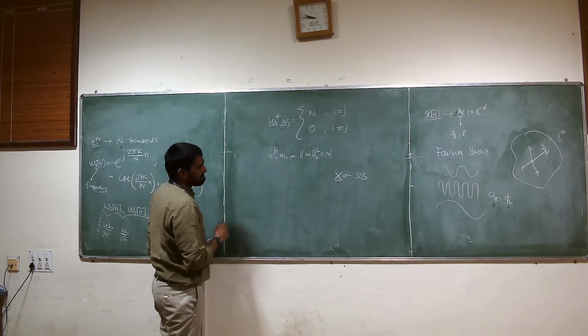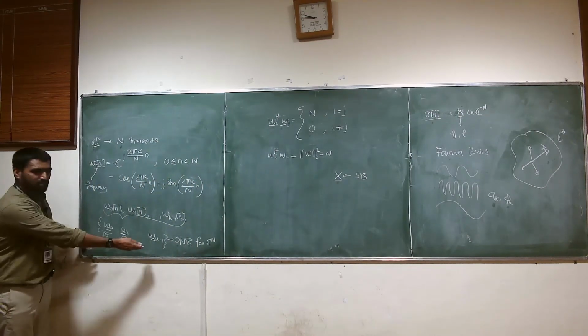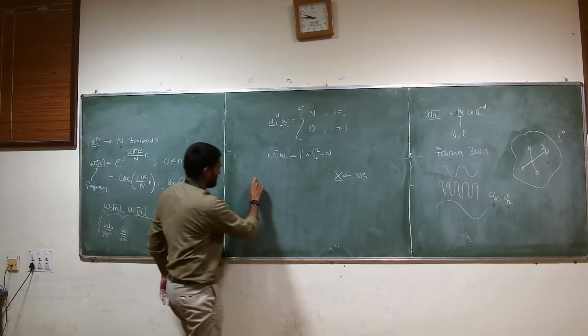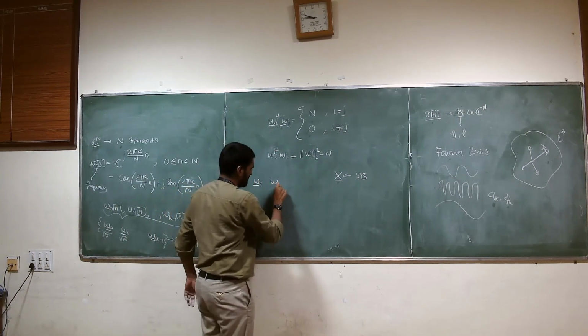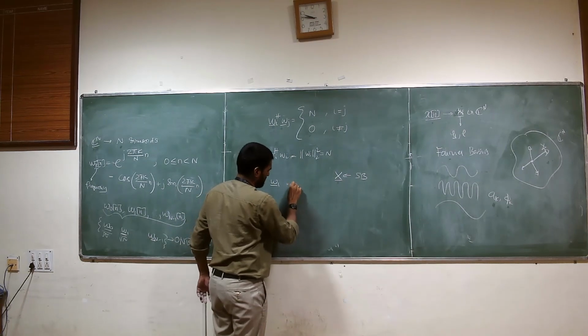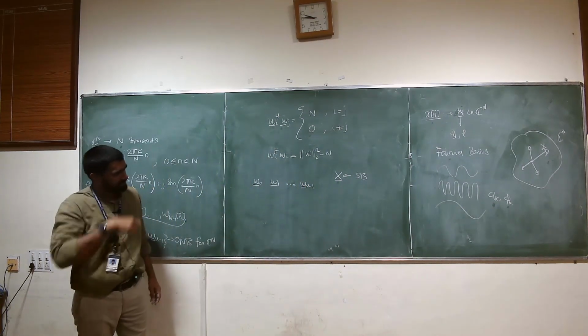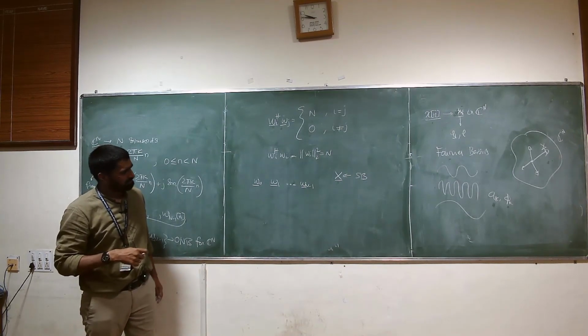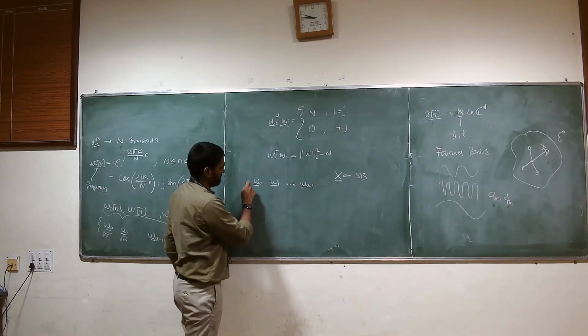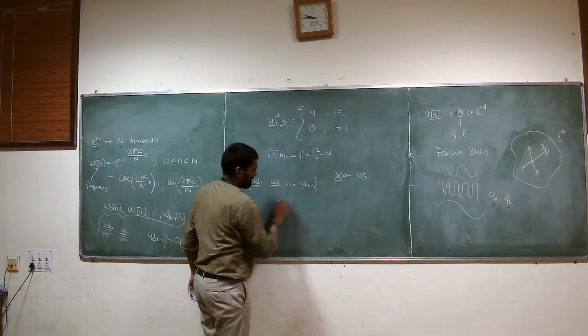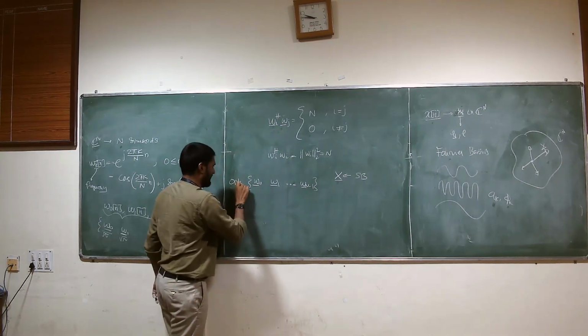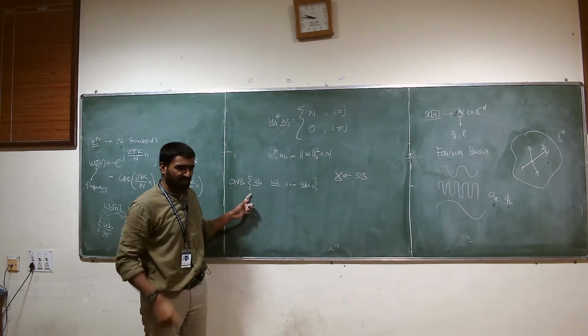Now I have this Fourier basis, and let me write it down as w_0, w_1, up to w_{N-1}. This forms an orthonormal basis for C^N.